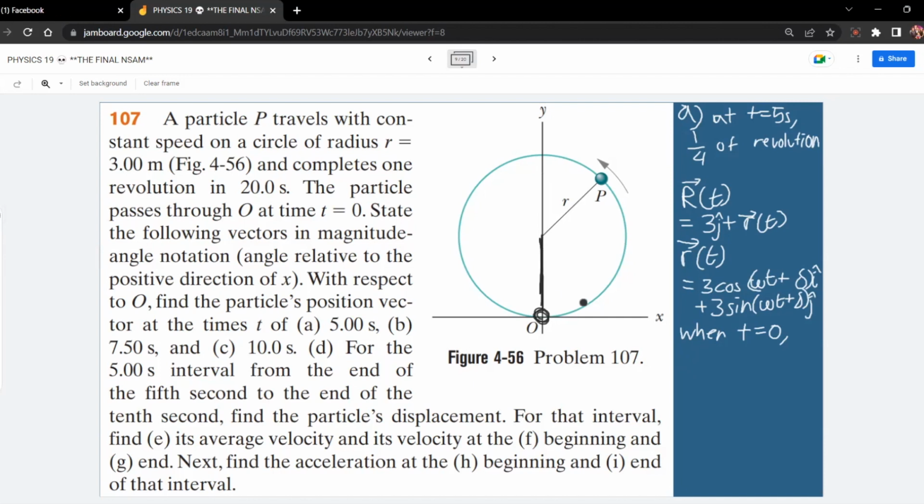Nandyan, di ba? So, anong vector yan? So, the vector from the center to O, that's going to be small r of 0.